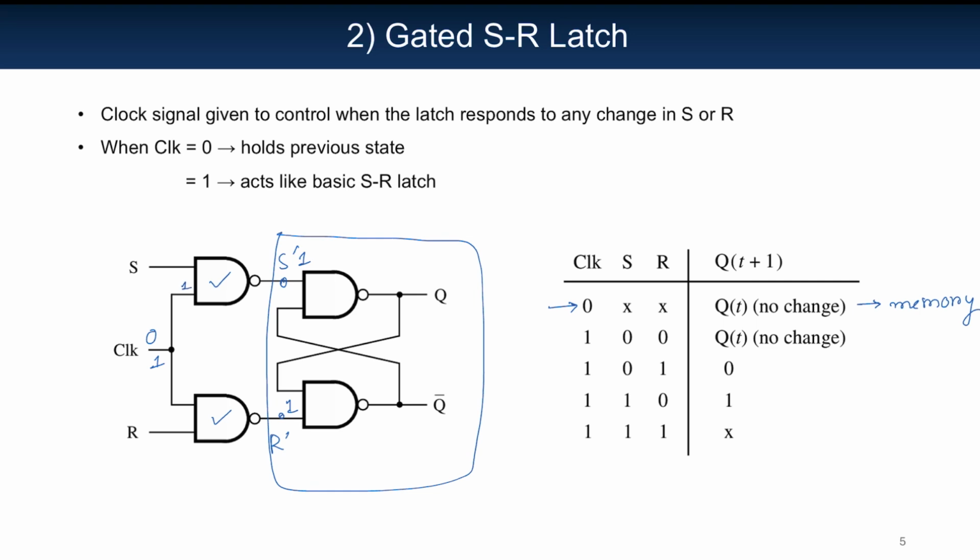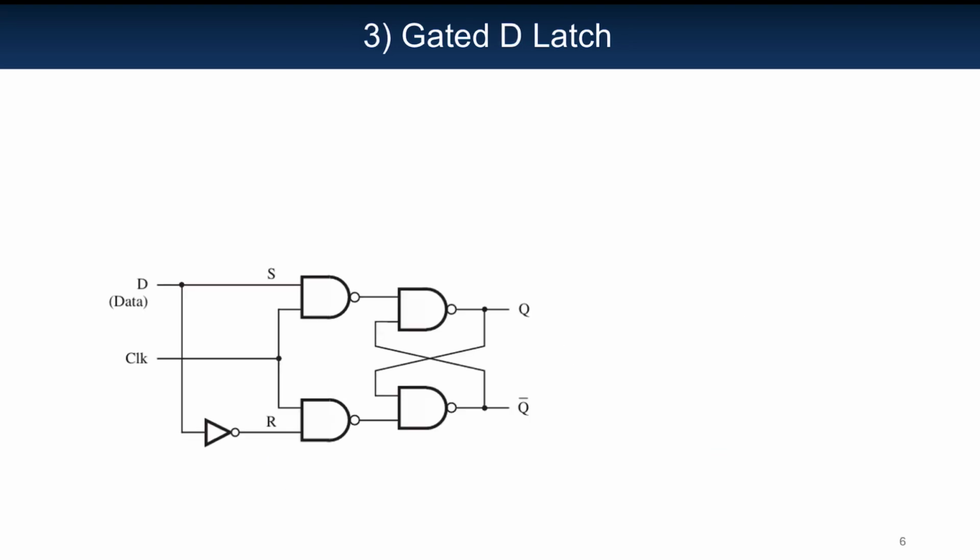When clock is given 1, the complemented values of S and R are passed to these points, and the rest of the circuit works just like the previous one, only the inputs are now complemented. This circuit has control over the outputs, but the invalid or unstable state still exists here. To overcome that, the gated D latch comes into action.